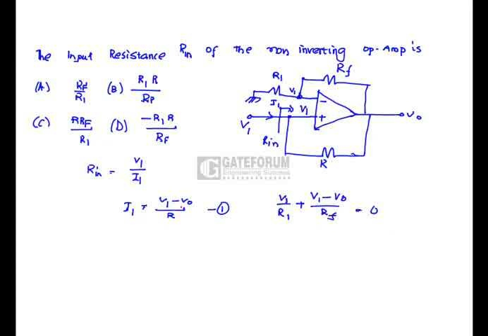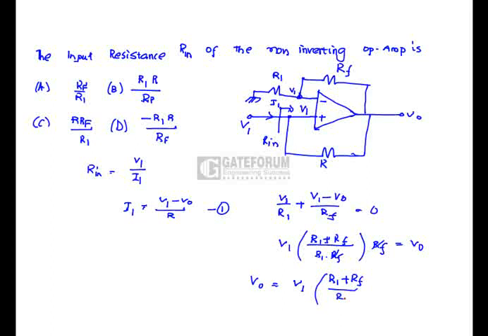So here we have to eliminate the V0 variable in equation 1 in order to get an equation only in terms of V1 and I1. So V1 R1 RF divided by R1 plus RF, this is RF, equals to V0. So V0 is equal to V1 times R1 plus RF by R1. We have to substitute this into equation 1.